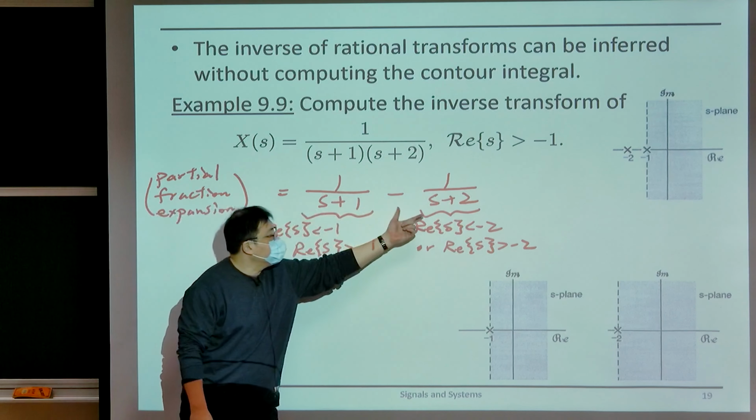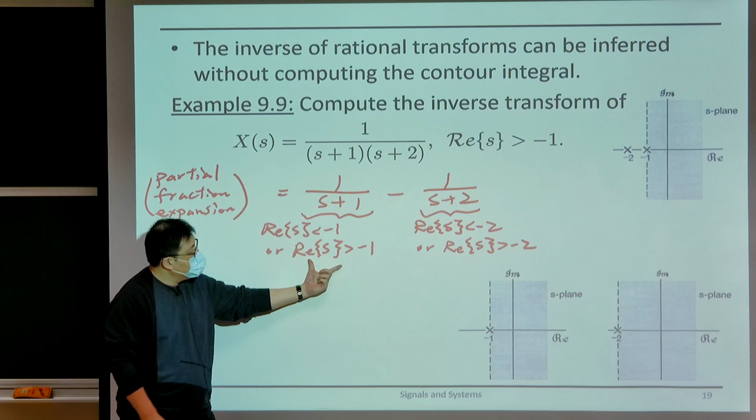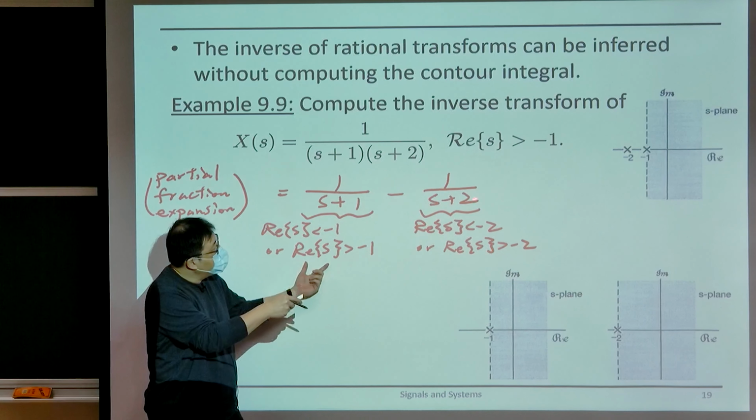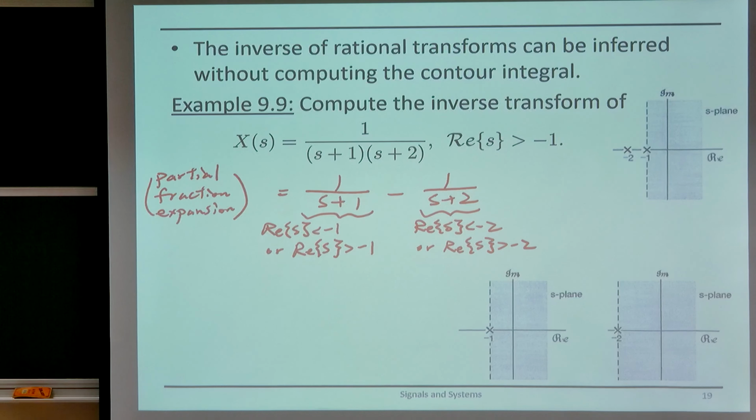That is only possible when the region of convergence for this is this one here, and the region of convergence of this is this one here. So for both of these terms to hold under this region of convergence, their corresponding regions of convergence can only be this and this, which are the right half planes.